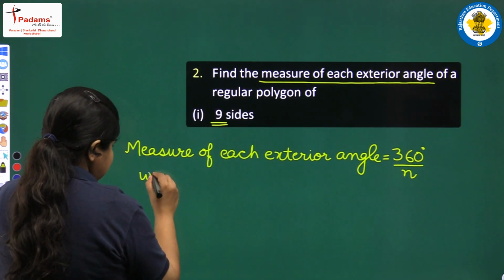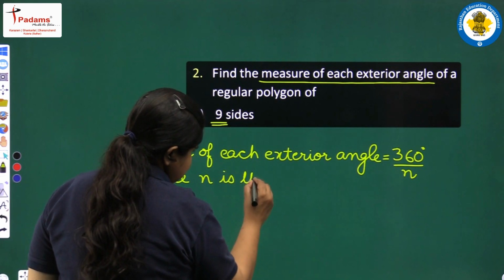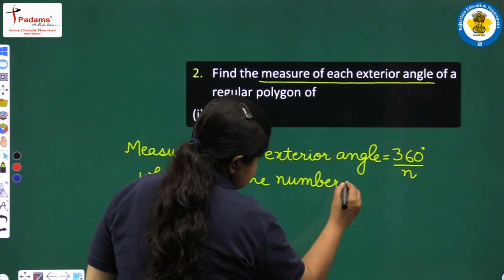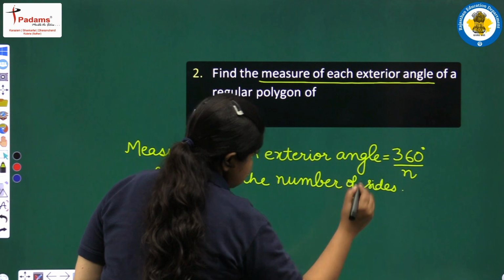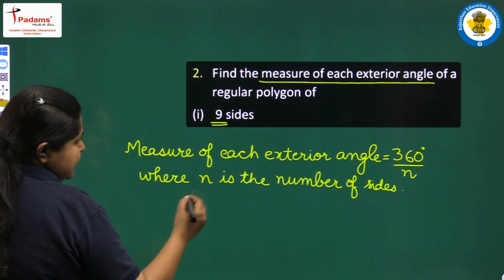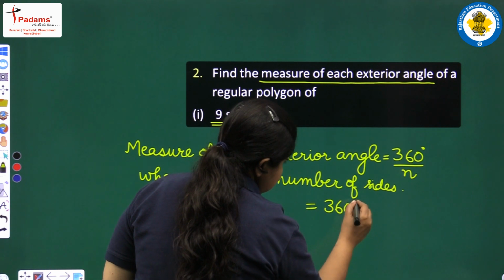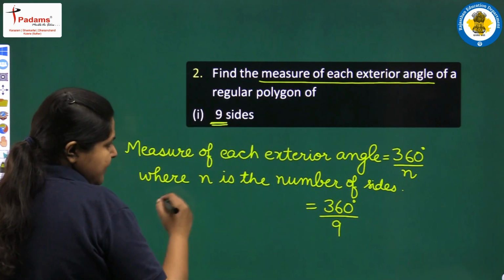where n is the number of sides. So, we get the answer to be equal to 360 degrees upon 9 because the number of sides here is 9.